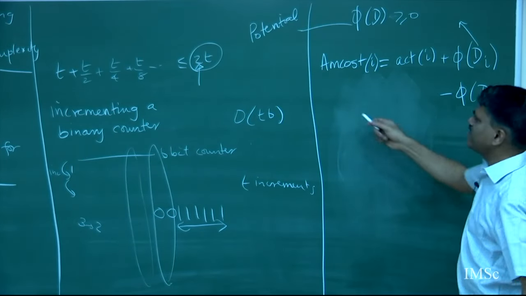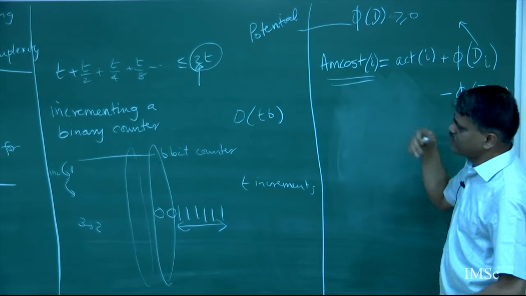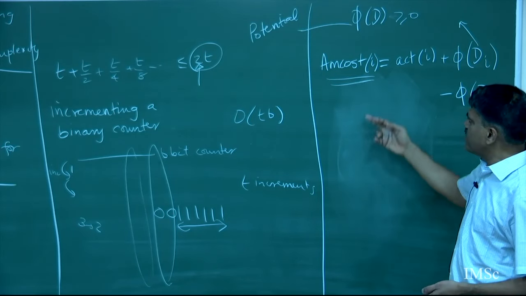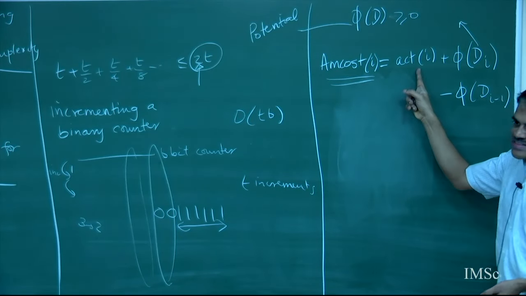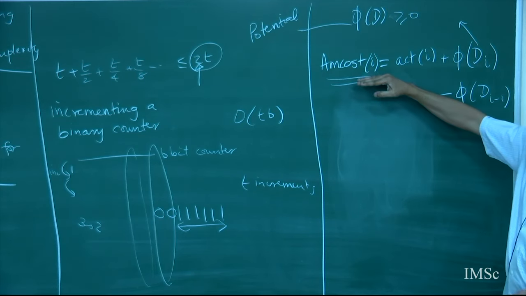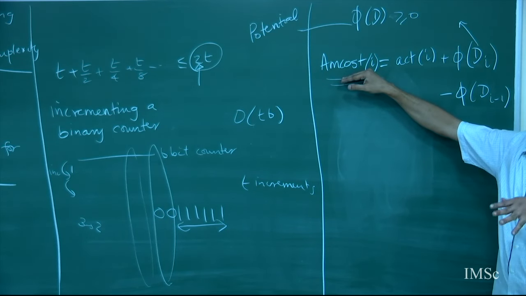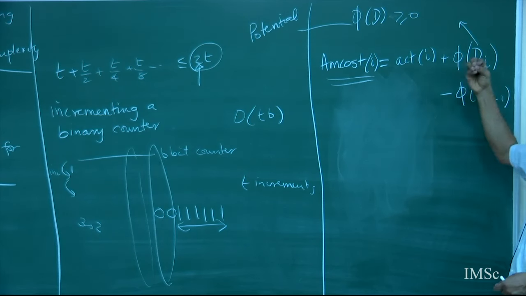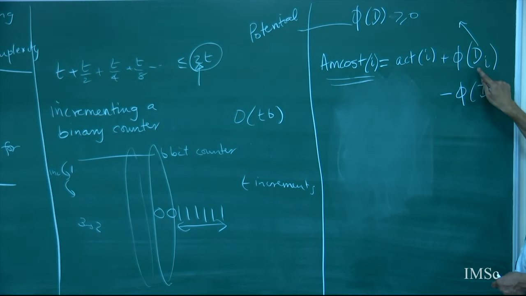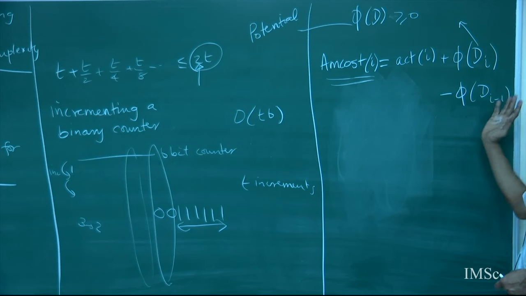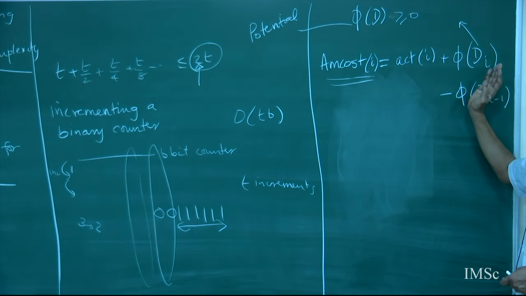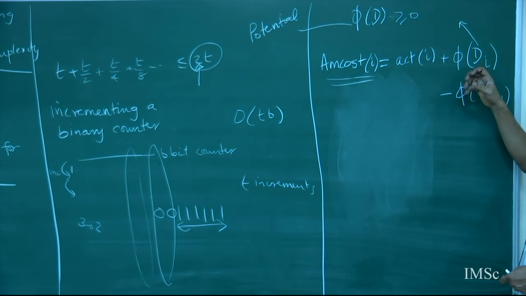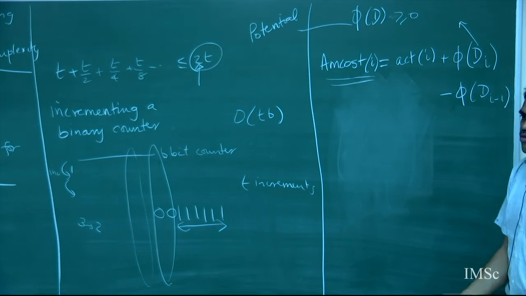This is a formula, and it fits with the intuition. Amortized cost is the credit given to the operation. If the actual cost is less, then the remaining I am going to put in the data structure, so the potential in the data structure will increase. Phi of di is the potential after the ith operation.